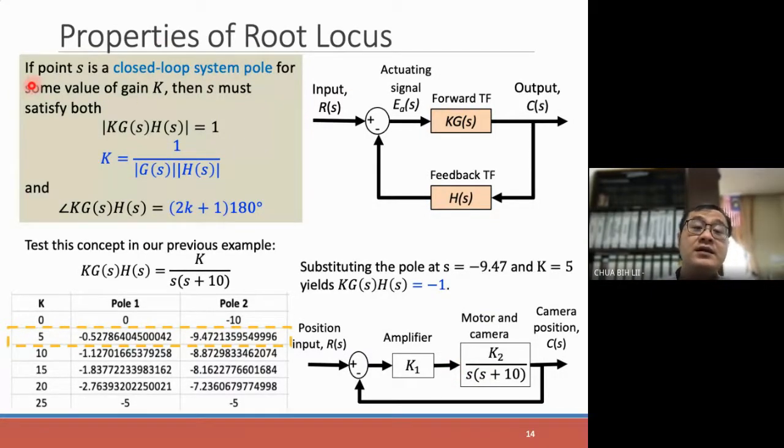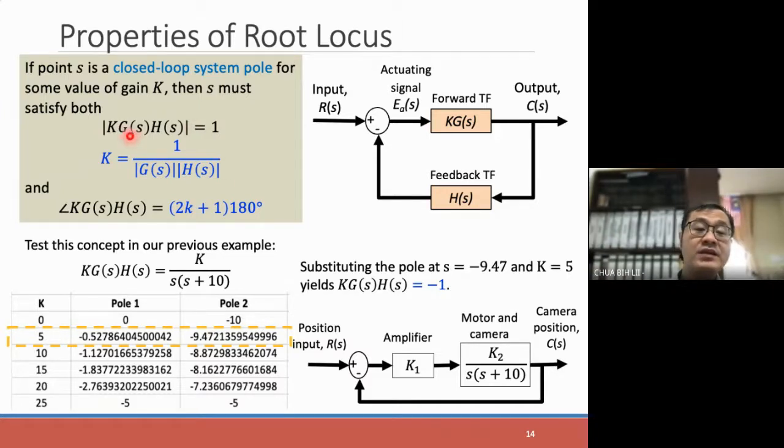The properties of the root locus say that if point S is a closed loop system pole, and we are now testing whether it is a pole or not for some gain k value, then S must satisfy this condition. It must be KGH equals -1, or in absolute form, equals 1.